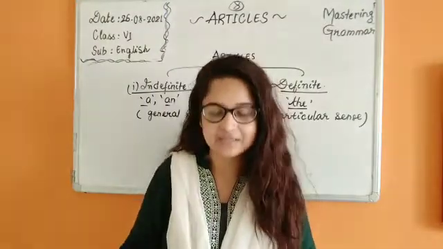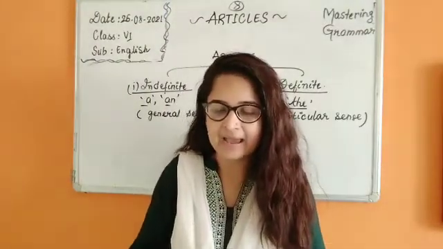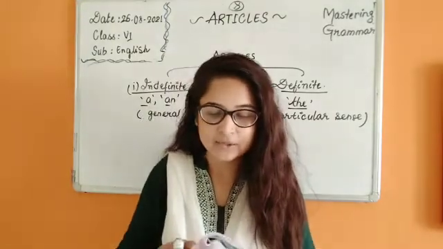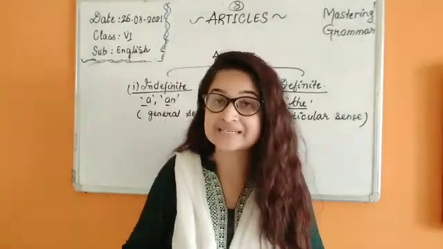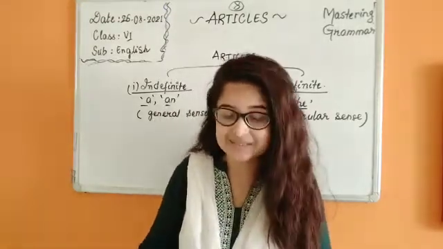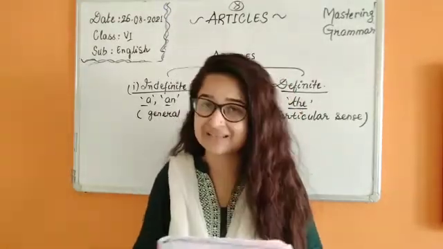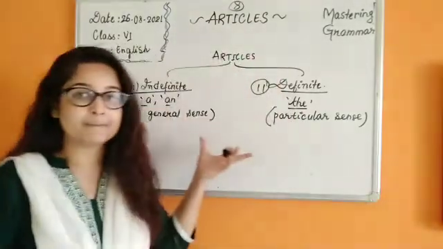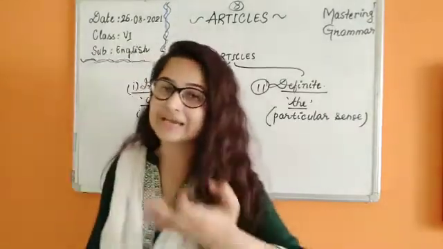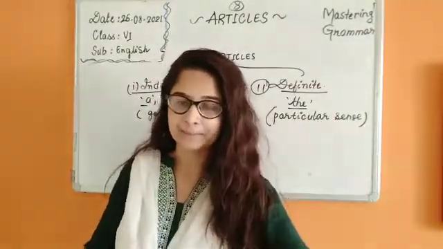Now, a and an are indefinite articles because they do not point at any particular object, person or thing. They always suggest any person or anything. I told you it is about nouns in a general sense, meaning we are talking about any person or anything.